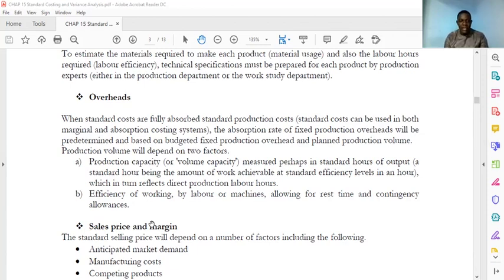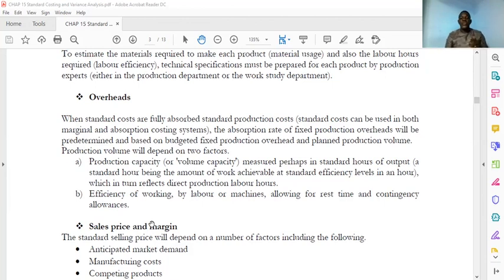A standard hour is the amount of work achievable at standard efficiency levels in an hour, which in turn reflects direct production labor hours. Then we talk about efficiency of working by labor or machines, allowing for rest time and contingency allowances.